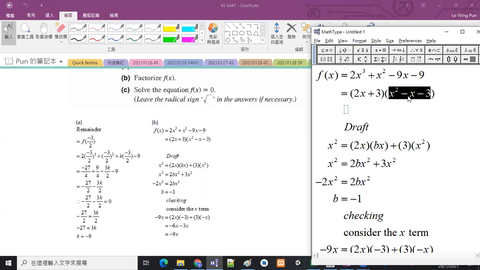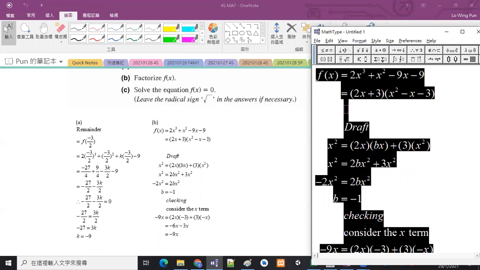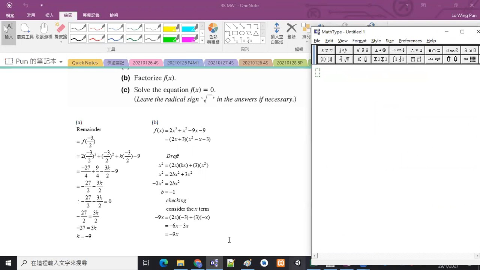If the numbers cannot be changed to fractions, then it cannot be further factorized into two brackets. And that is the final answer. Can you get this? If the calculator gives a long decimal number, then it is done.